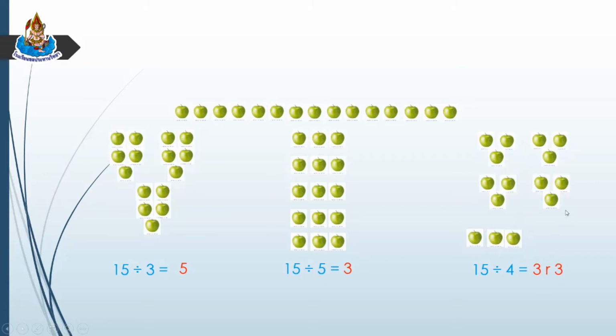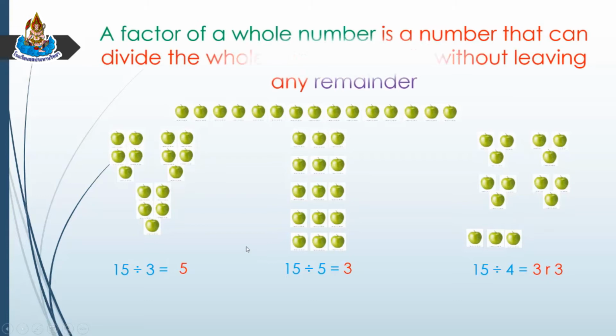So what is a factor? A factor is a number that can divide another number exactly without leaving any remainder. So 3 can divide 15 exactly in 5 equal parts. So 3 is a factor of 15. 5 also can divide 15 exactly in 3 equal parts.